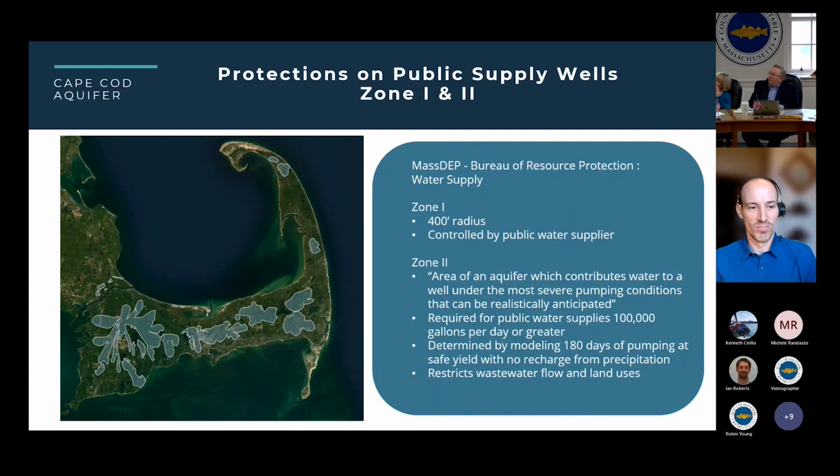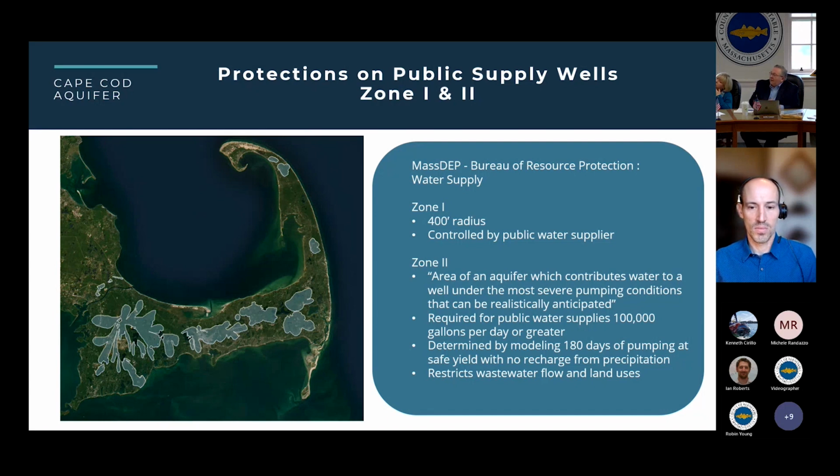The entire reserve area is considered a zone 2 because literally what goes on there has an impact on the drinking water supplies of all the surrounding towns. And as we could see from the map earlier, that water flows down through Barnstable and into Yarmouth. So I like staying focused on this for just a couple of moments, because I think it is very revealing in terms of where we're getting our water.